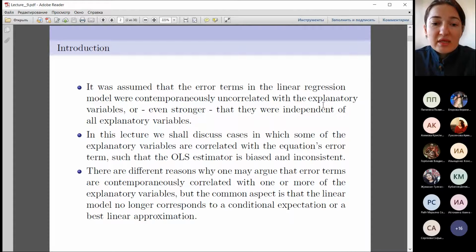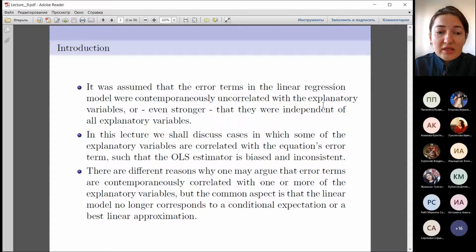And sometimes, unfortunately, correlation, or let's say any relationship, could exist between the error term and the independent variables. And this correlation or relationship leads to biased and inconsistent estimators. So our result will be really very bad.